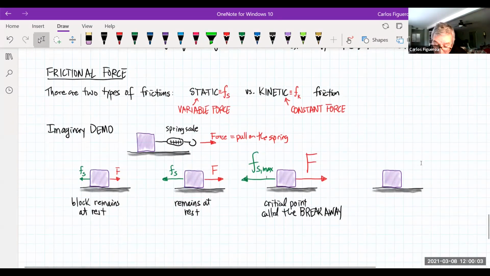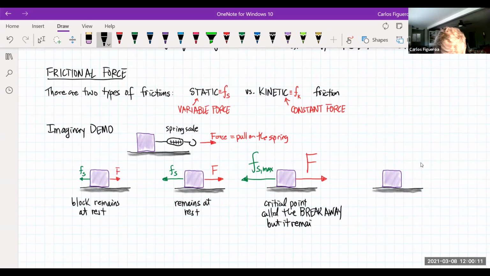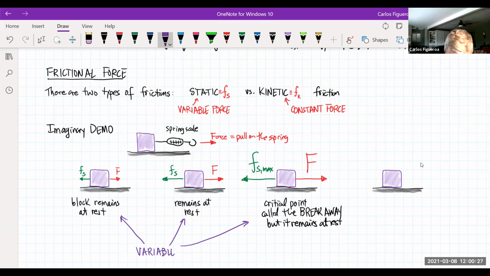And still, it's at the critical point called the breakaway, but it remains at rest. And so, check this out. This tells us that this is a variable force.